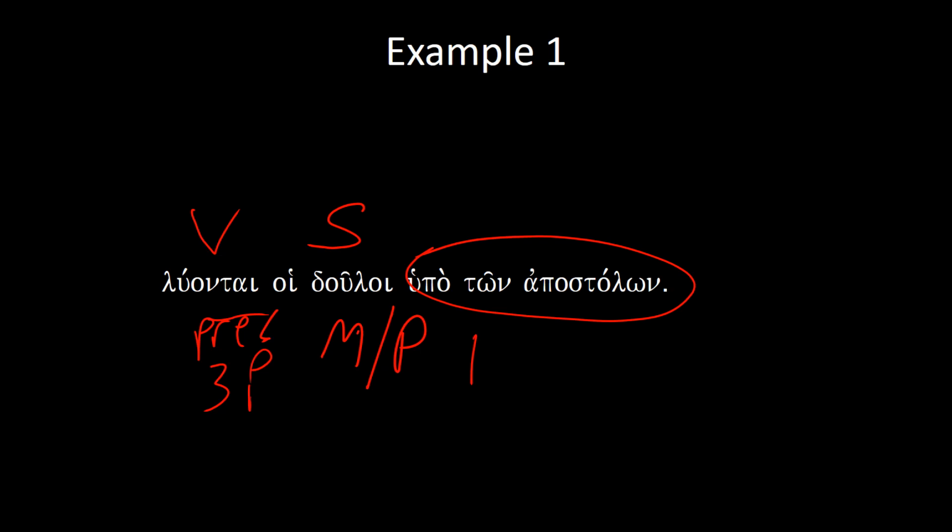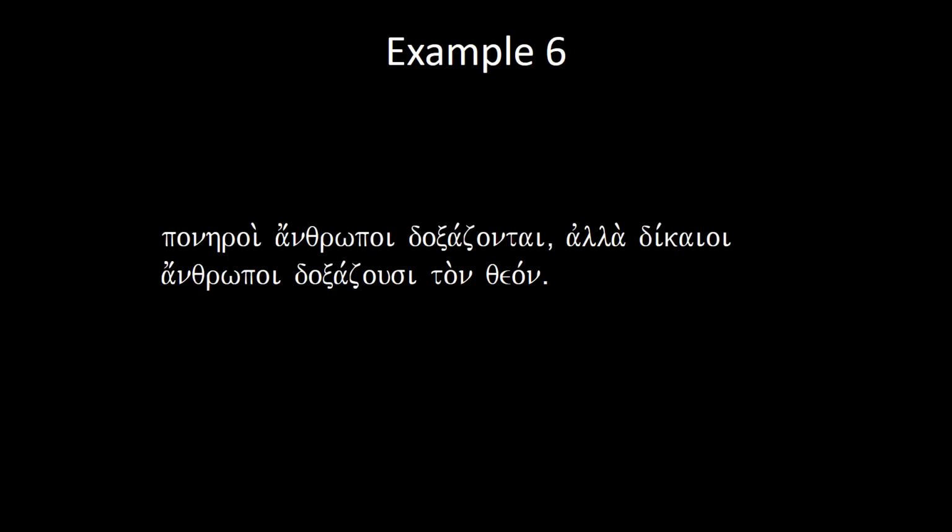Hupa ton apostolon, by the apostles. When you have an agency phrase, it's going to mean that the verb is passive. So let's mark out middle, and we'll just say it's passive. The servants are being loosed. That's the passive translation. The servants are being loosed by the apostles. Let's look at another example. Paneroi anthropoi doxadzantai.